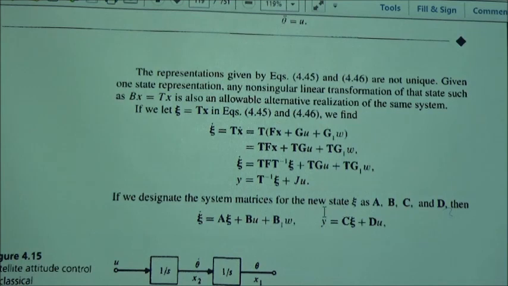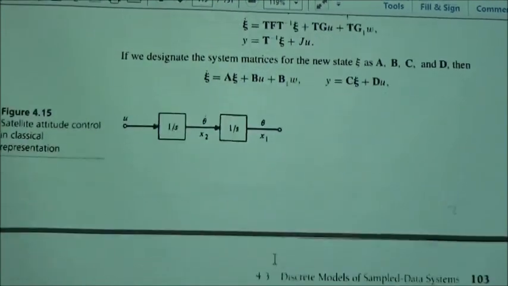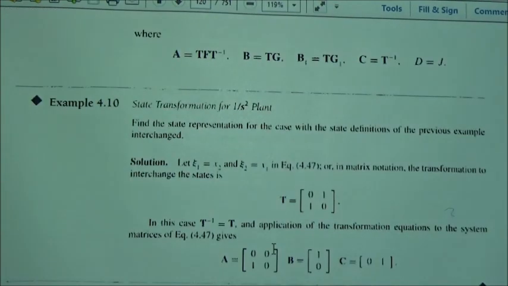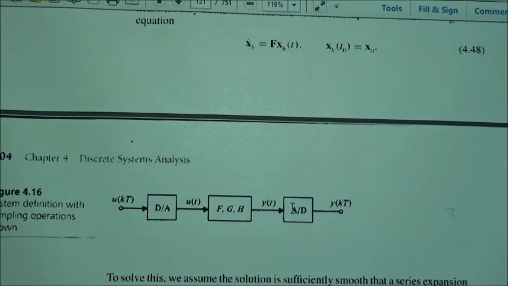But I'm not going to expect you to go through this, because this is more like a graduate level linear systems course. But this is a block diagram of that satellite attitude control system. And again, let's go on.